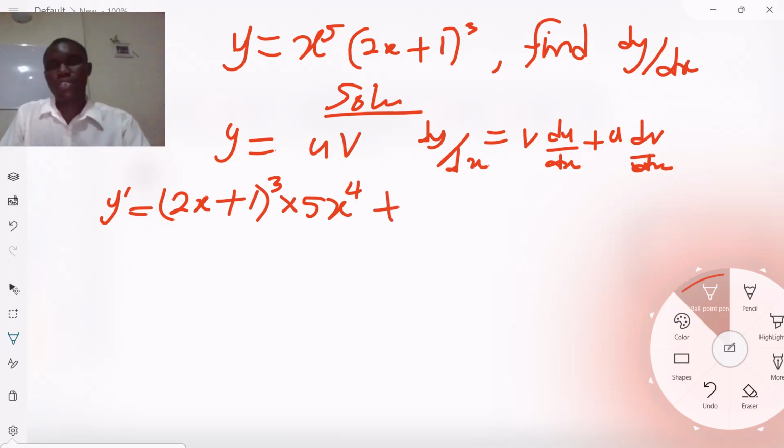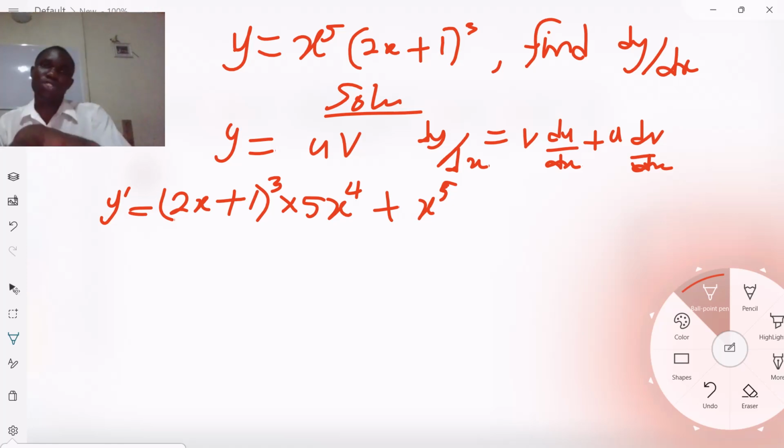I'm going to write u, x raised to power 5. That's 5x raised to power 5. Then I'll differentiate this.